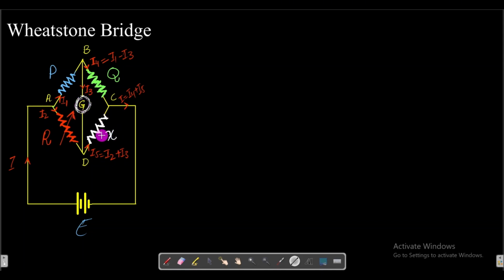And this X is actually the resistance of the unknown resistor. Here we will connect the unknown resistor in this part of the bridge.